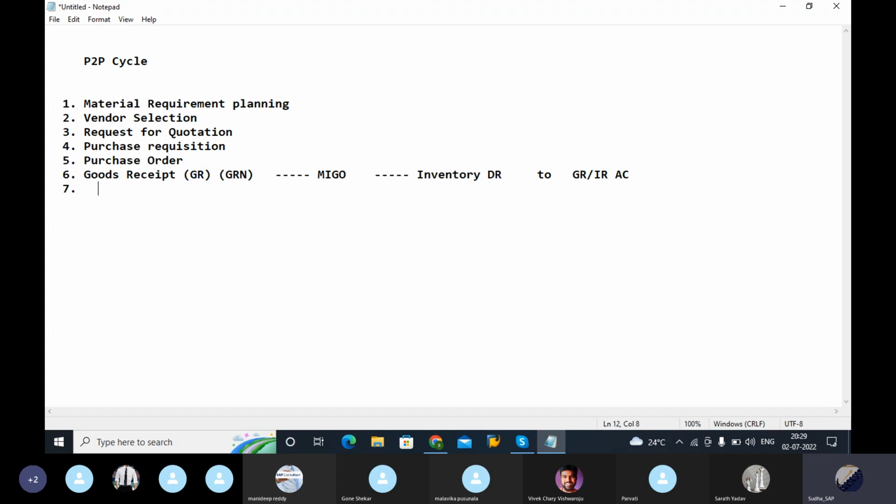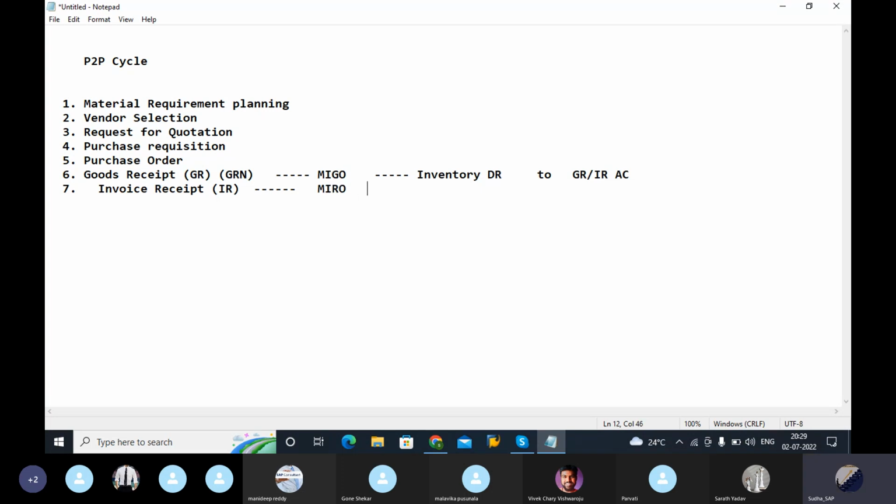After that, invoice receipt will occur, also known as IR. The T code is MIRO.